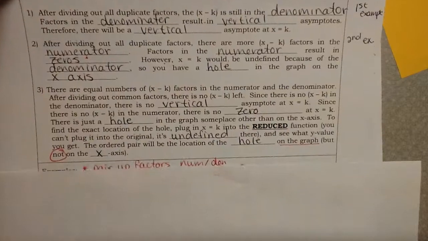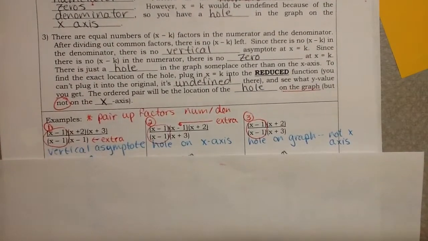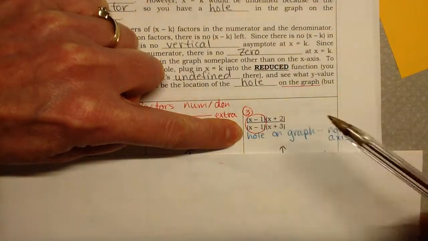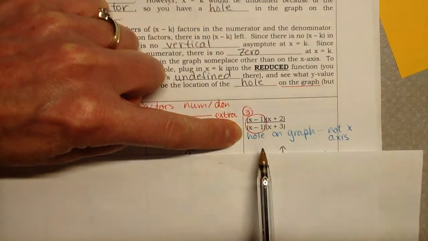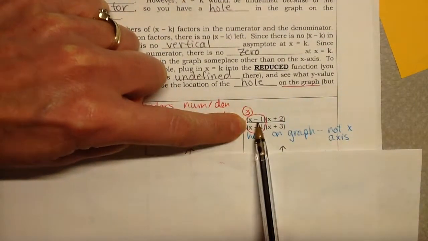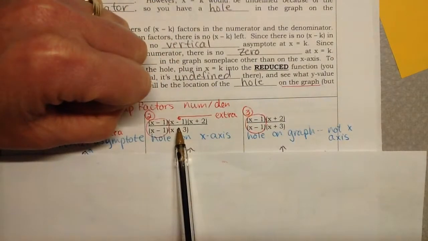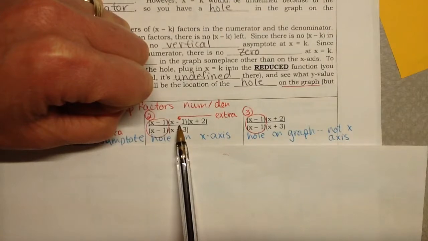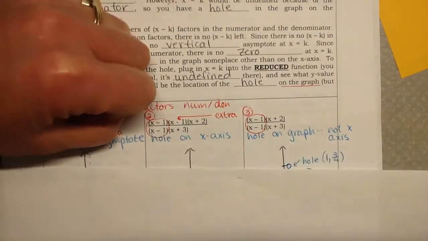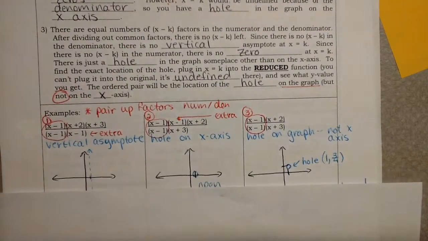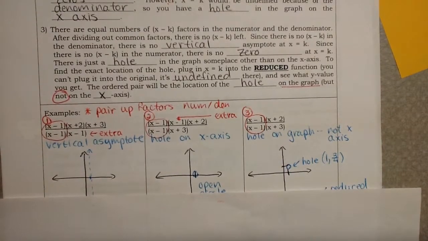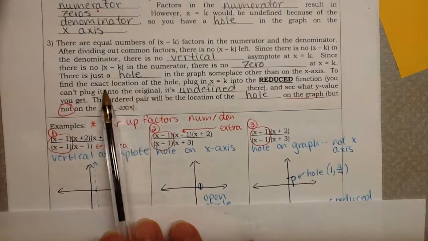Let's look down at number 3. We have an identical factor in the numerator and denominator and then no other identical factors anywhere. So we're still going to have a hole on the graph. It's not going to be on the x-axis, because for it to be on the x-axis we would have to have identical factors and then an additional one in the numerator. Let's look at what that would look like.